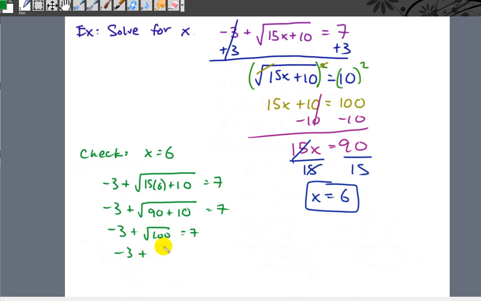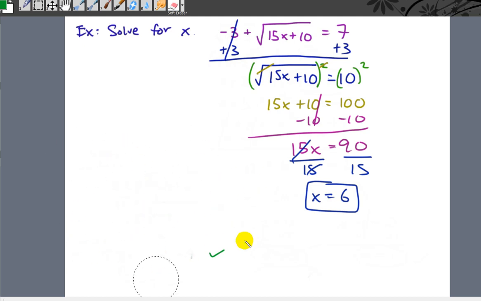The square root of 100 is 10, and -3 plus 10 is 7. That checks, so this solution is valid. All right, I have one more example, and then that summarizes the video.